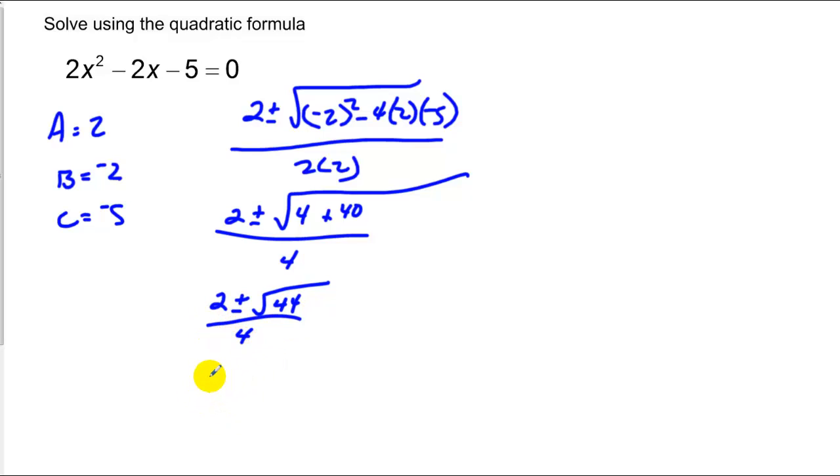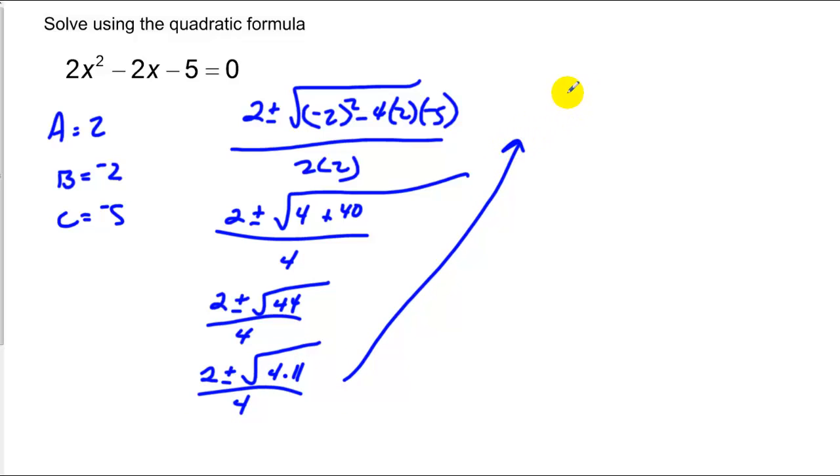This is going to simplify a little more because we have a 4 and 11 here, so this is 2 plus or minus root 4 times 11 over 4. Bring this over here. It's 2 plus or minus 2 root 11 over 4. Notice I have a GCF on top of a 2. I'll factor that out.